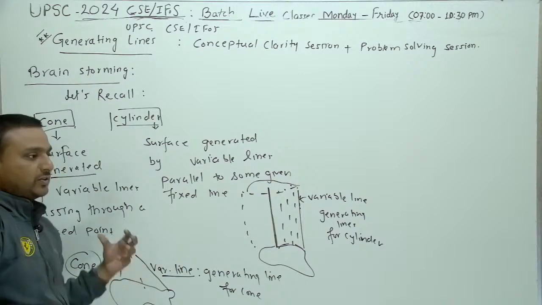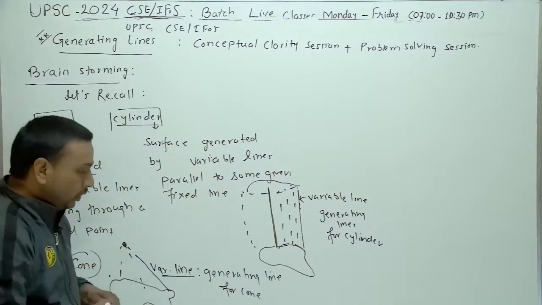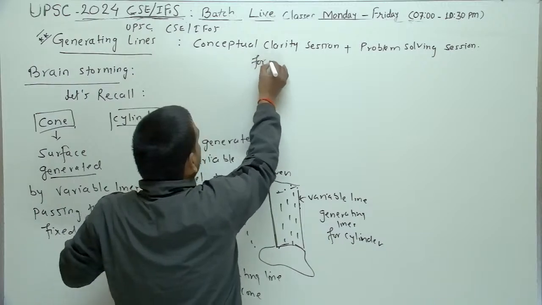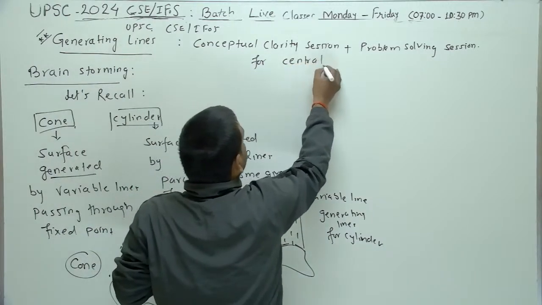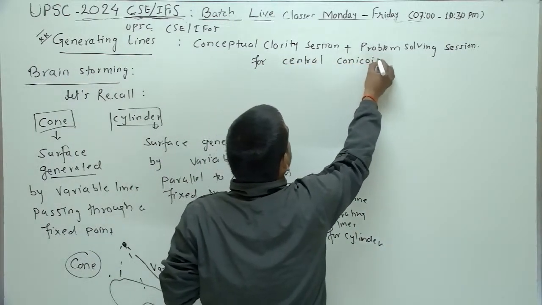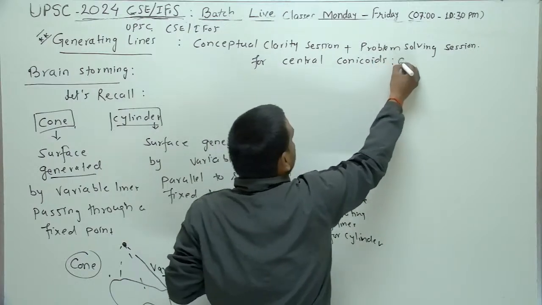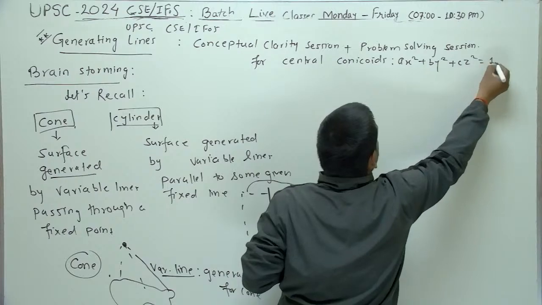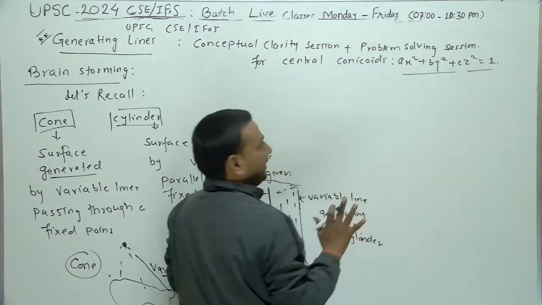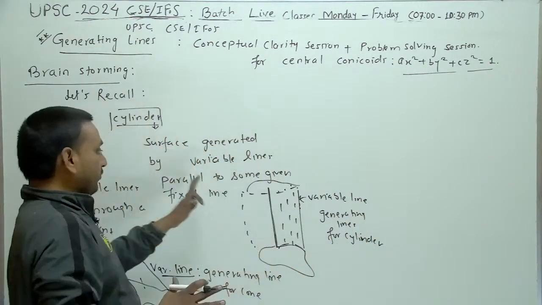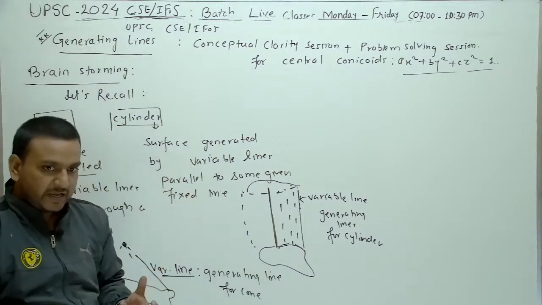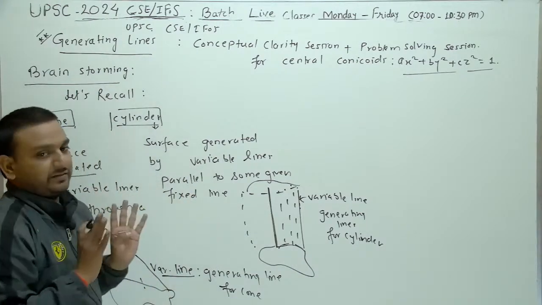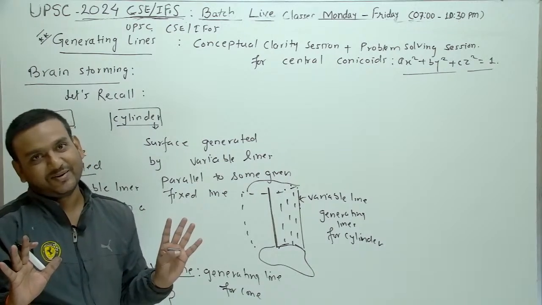Similarly, you can imagine for this. But here the topic is we want to discuss the generating lines for central conicoids, right or not? So mathematically we want to talk about generating lines for central conicoids. Here we have that feeling, so we can evolve ourselves based on these things. Am I clear or not?